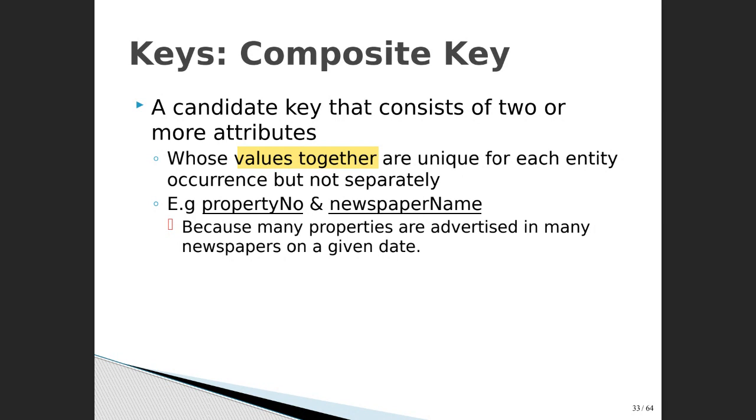When we are advertising some properties in a newspaper, what attributes are used to uniquely identify this process? Two main pieces of information: property number and the newspaper name, because many properties are advertised in many newspapers. That's why we need to know which newspaper name and which property ID. So these two will be the composite key.